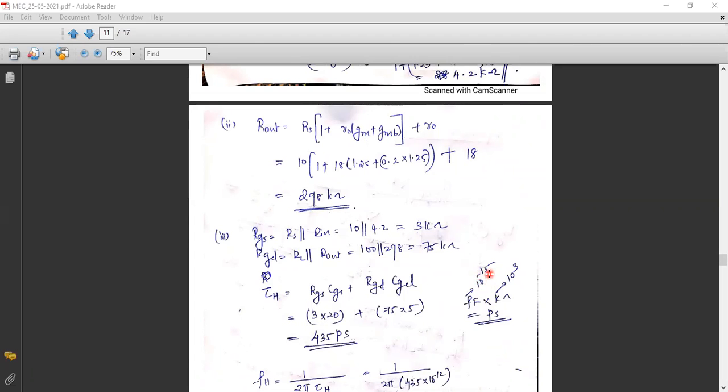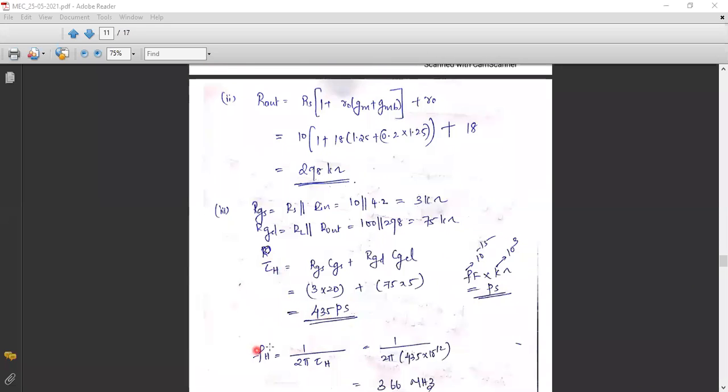If you multiply 10 to the power minus 15 and 10 to the power 3, because kilo ohm has 3, your answer will be in terms of 10 to the power minus 12. Minus 15 plus 3 is negative 12, so that will be picoseconds. So the total time constant that you have obtained is 35 picoseconds.